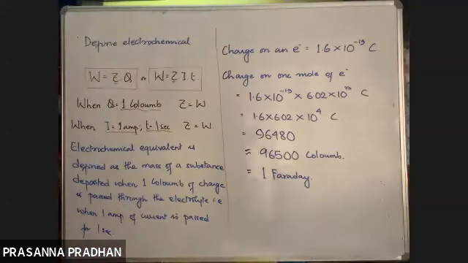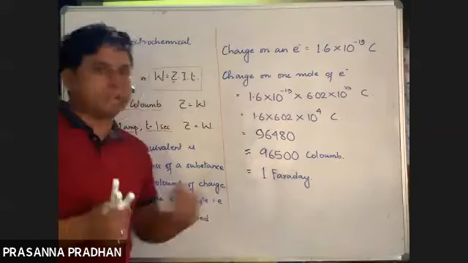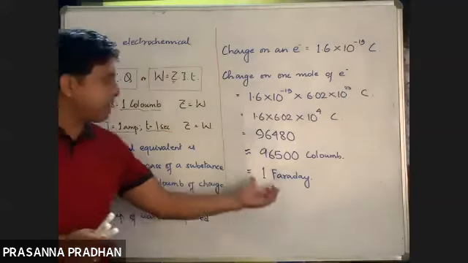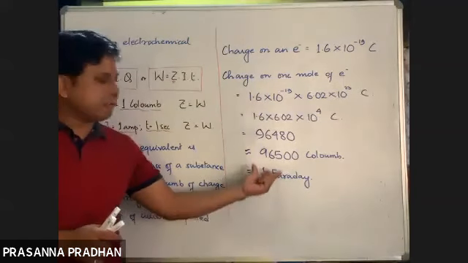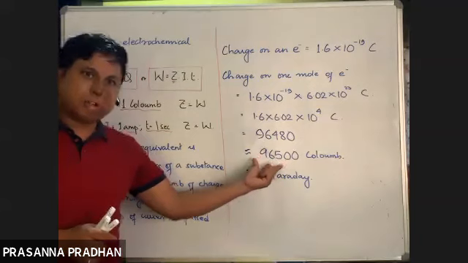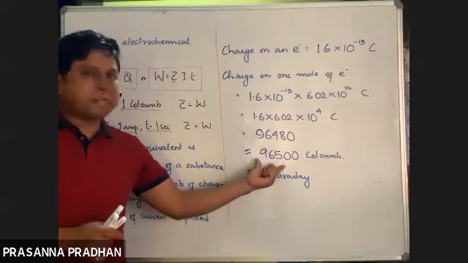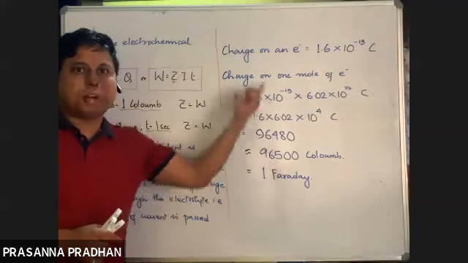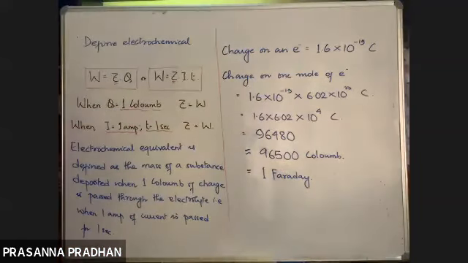So what is Faraday? Faraday is the unit of charge. 1 Faraday is equal to the charge on 1 mole of electron. And the value of 1 Faraday is equal to 96500 coulomb. Got it?